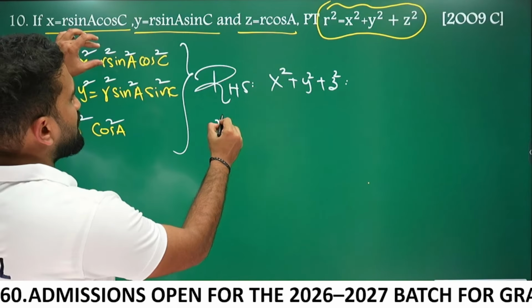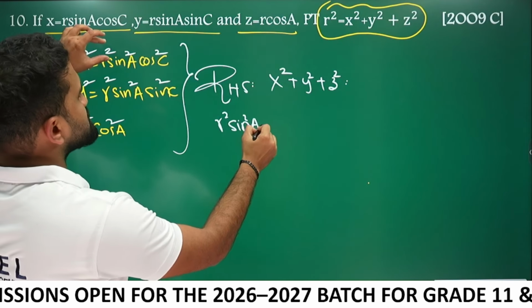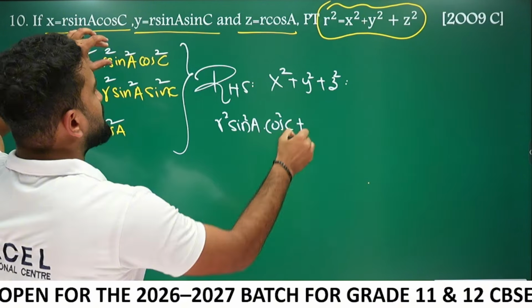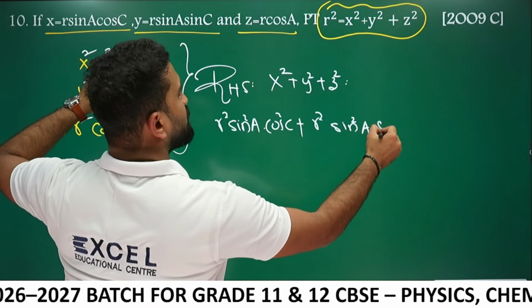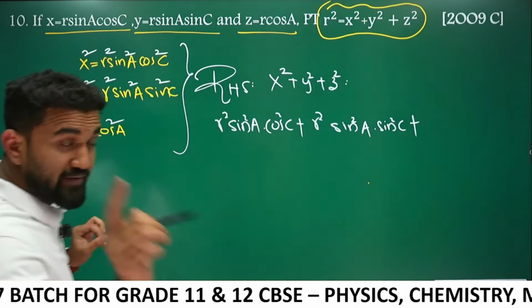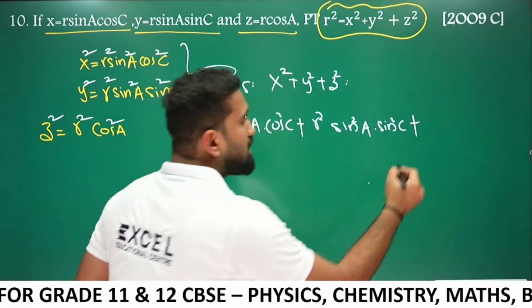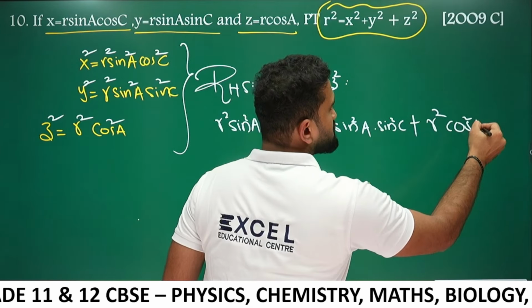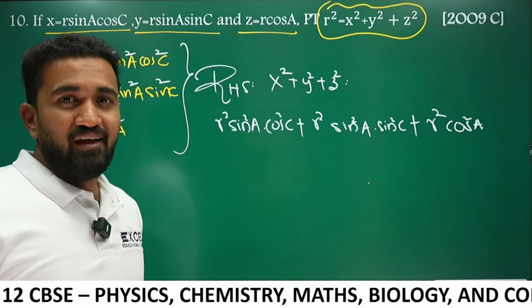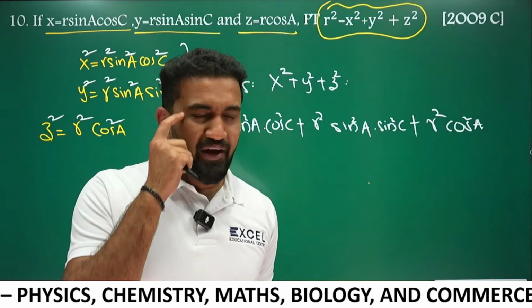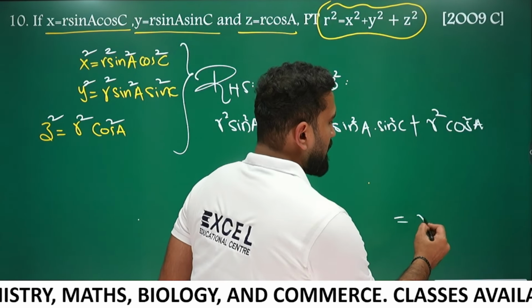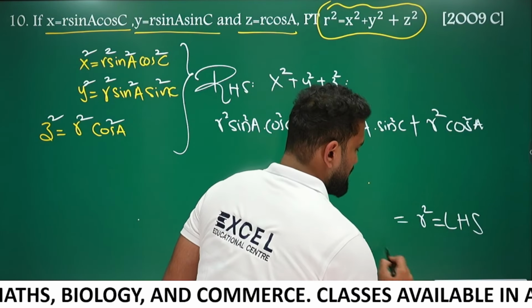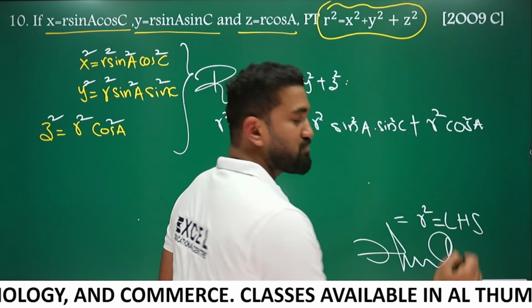X square means r square sine square A into cos square C, plus the next guy, r square sine square A into sine square C, and the last guy z square, that is r square cos square A. Once again, always keep in your mind that you need to jump from here to what? R square, that is the required LHS, hence proved.